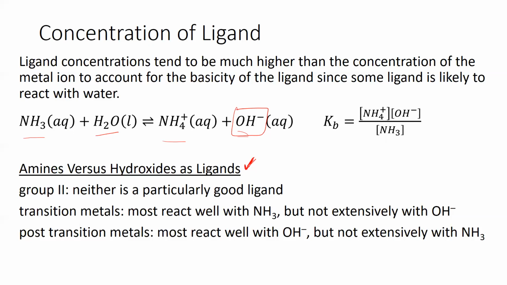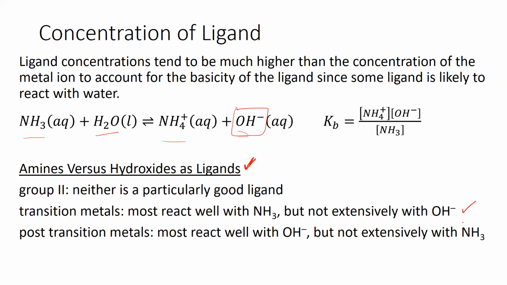Both of them are better bases than water, but what winds up happening is the chemistry involved with the actual overlap of the orbitals often has something to do with sort of size of the atoms that are bonding and where they are on the periodic table. That's just beyond the scope of this course. Suffice to say that when you have a ligand, ammonia will react really well with transition metals, and hydroxide doesn't do that so much.